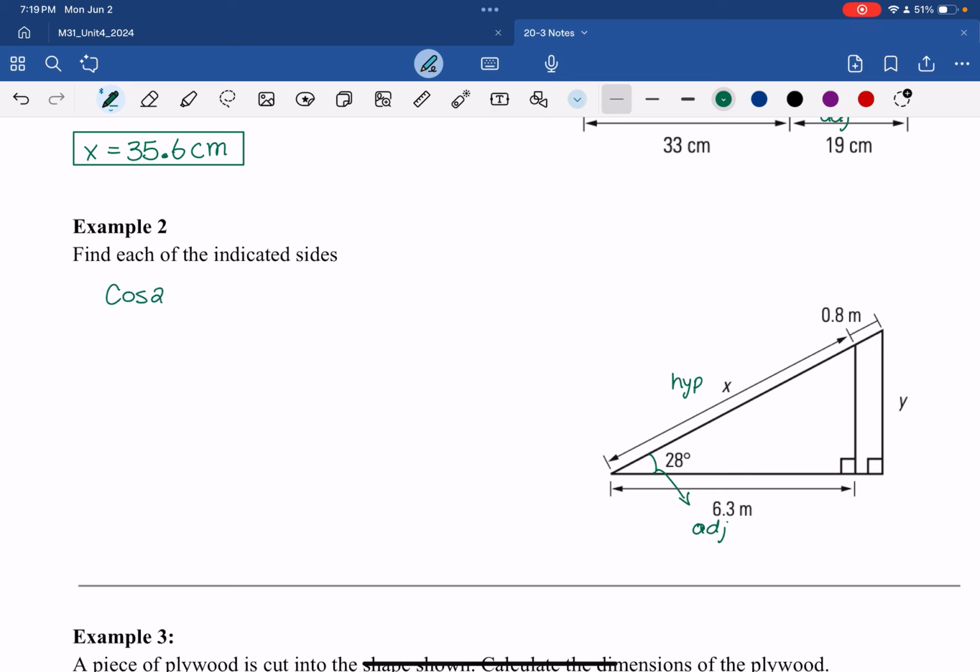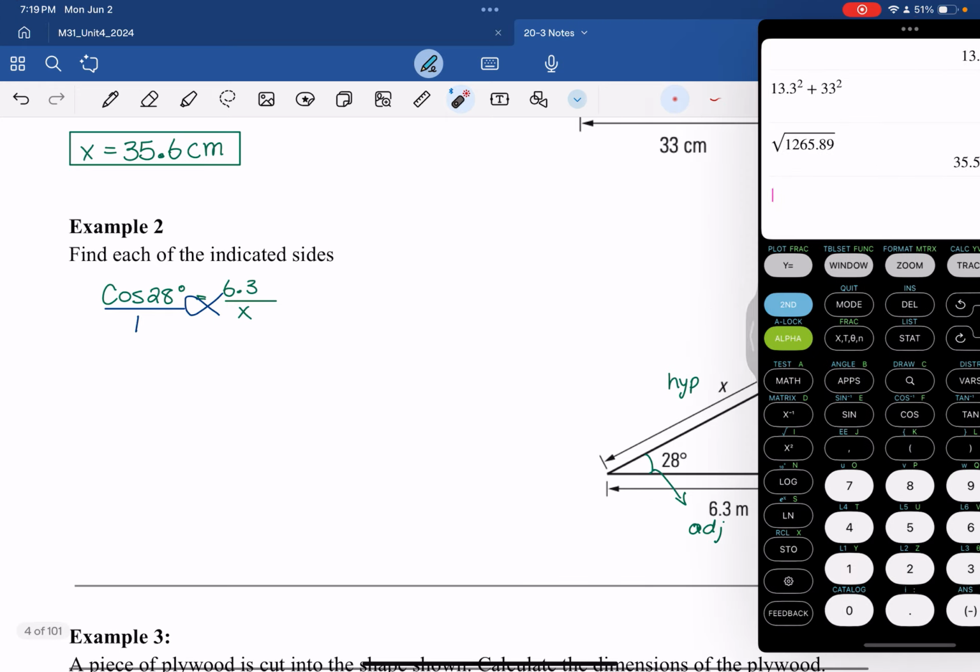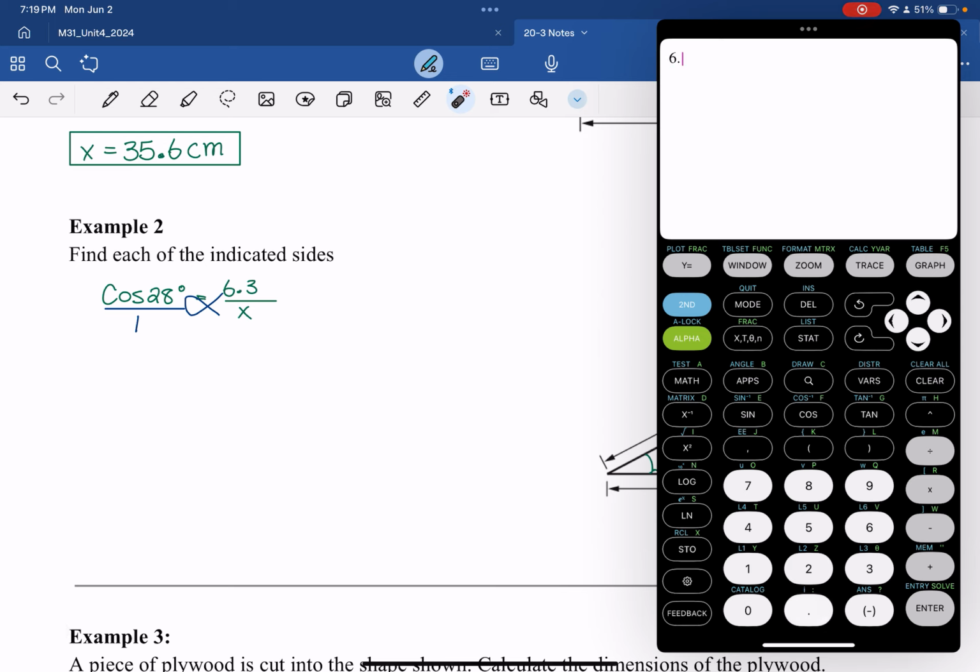So cosine of 28 degrees is equal to 6.3 over x, which is my hypotenuse. So now I'm going to put this over 1, and we can cross multiply. So I'm going to take 6.3 times 1 divided by cos of 28. So my answer is going to be 7.1.